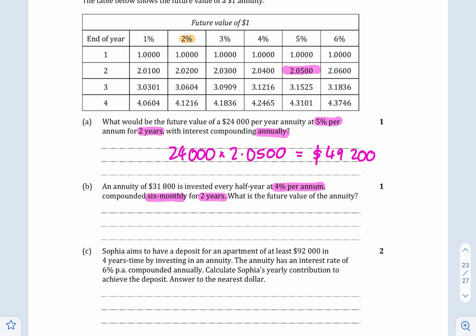Instead of 4%, we're looking at 2%. And instead of 2 years, we're looking at 4 years. So that's our value that we're using. So we take that 31,800, we multiply it by that number there, 4.1216. And if we do that, we get $131,066.88.